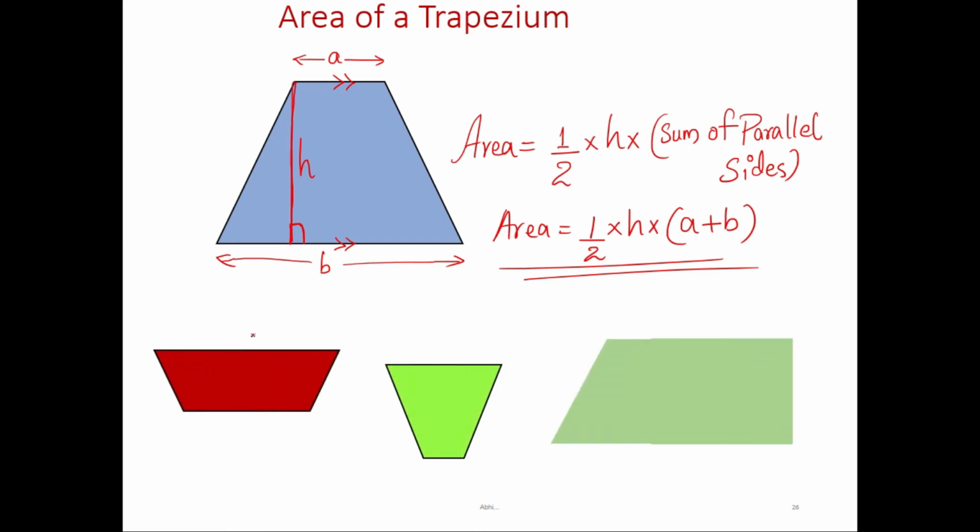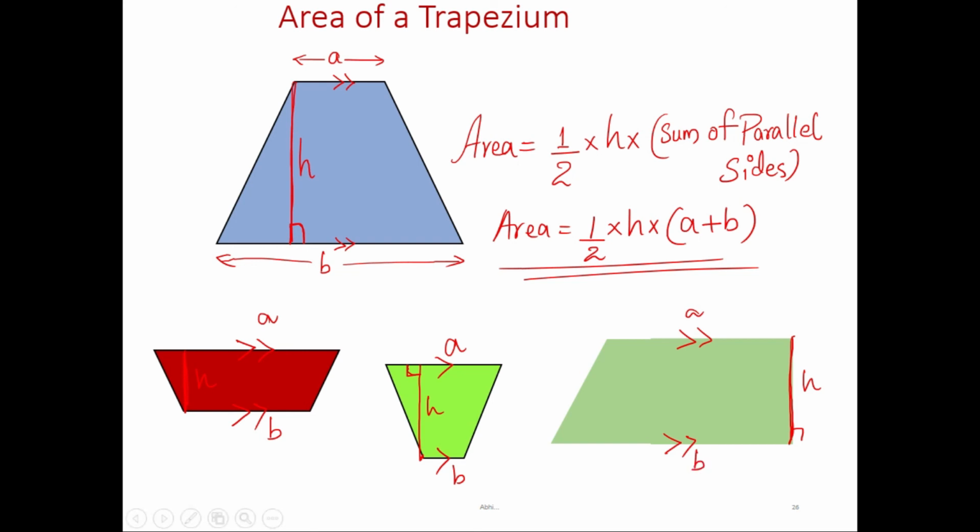In all these cases, you must easily identify the parallel sides to take them as A and B and the perpendicular distance that gives you the h, the height. Again, look for the parallel sides, mark them A and B and try to find the perpendicular height. In this case, you have the parallel sides and this is the perpendicular height, which is denoted by the letter h.